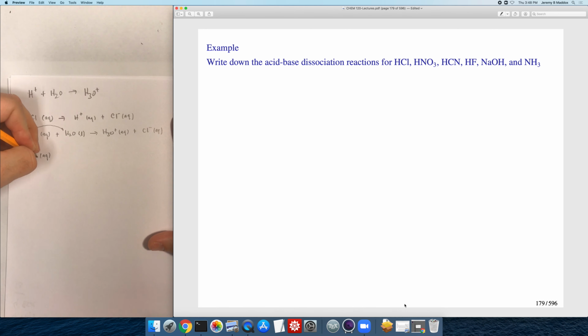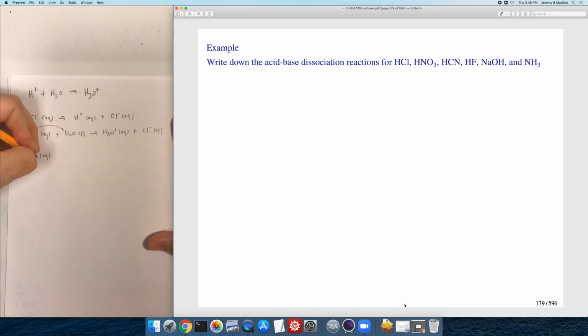Here, the acid transfers a proton to the base, the water in this case. That gives us our hydronium, and it's going to leave behind a cyanide ion. Notice I've used the bidirectional arrow because this is a weak acid. It's not on our list of strong acids.